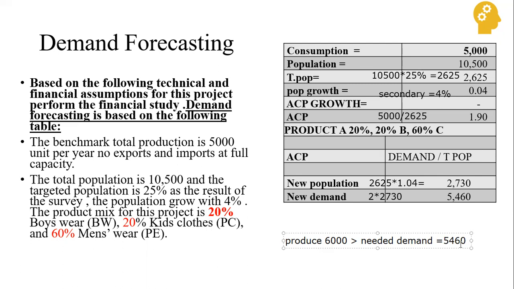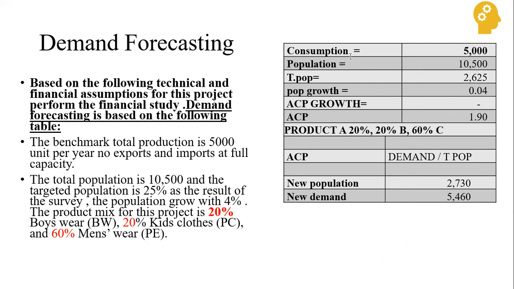But we calculate based on the 5,460 to see how much profit we are going to achieve, or you could use the 6,000 as a whole for doing the financial analysis. So we will basically start with the 5,460, because this is the number of units that we are assured we are going to have in real life, and we need to do the 3 scenarios that we have.